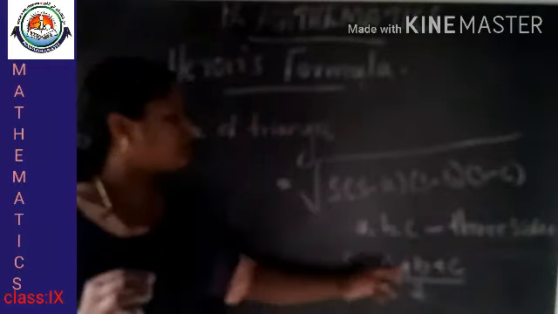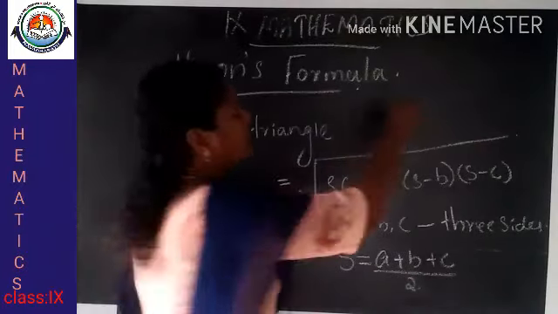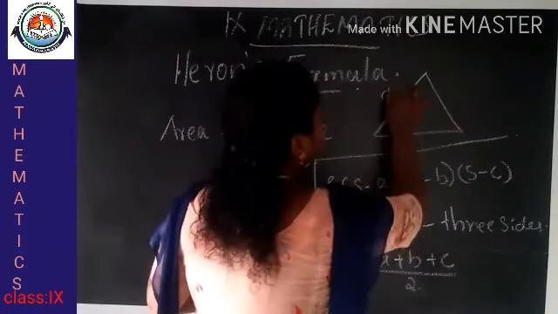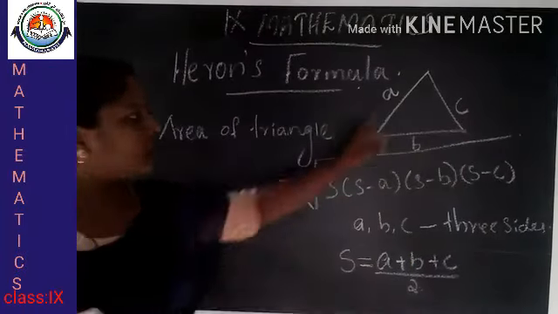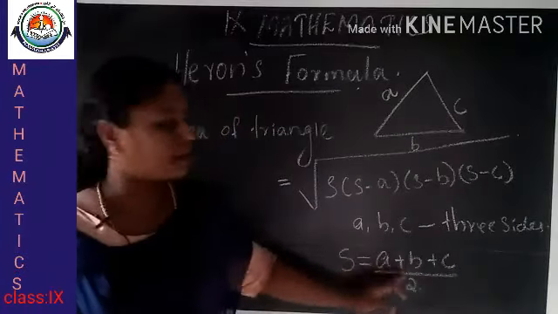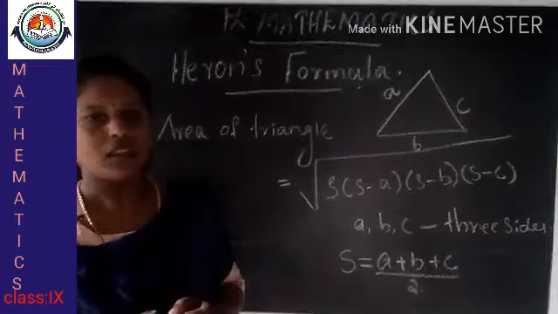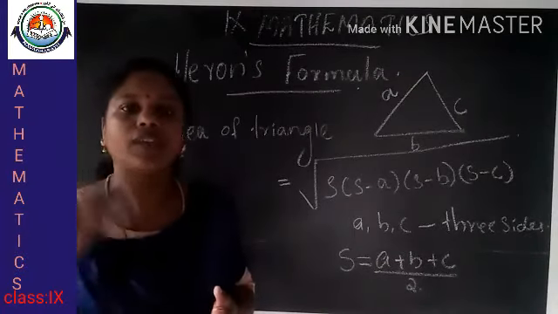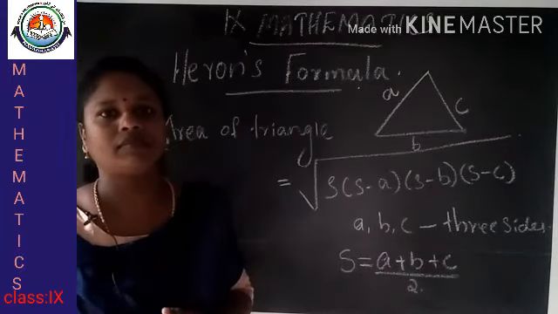If we have a triangle with the sides a, b, c, a plus b plus c means the length of the total side, divided by 2, that is half of the perimeter. So using this formula, we can find the area of any triangle if the 3 sides are given.